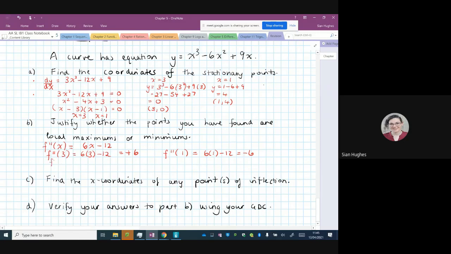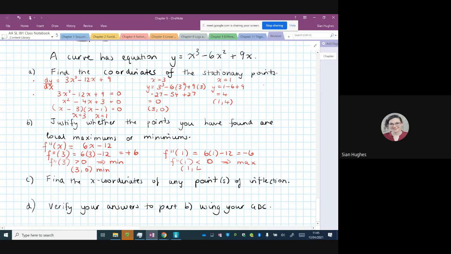Since this one is positive, then we are a minimum. So our coordinate of (3, 0) is a minimum. And since this one is negative, then we are a maximum.